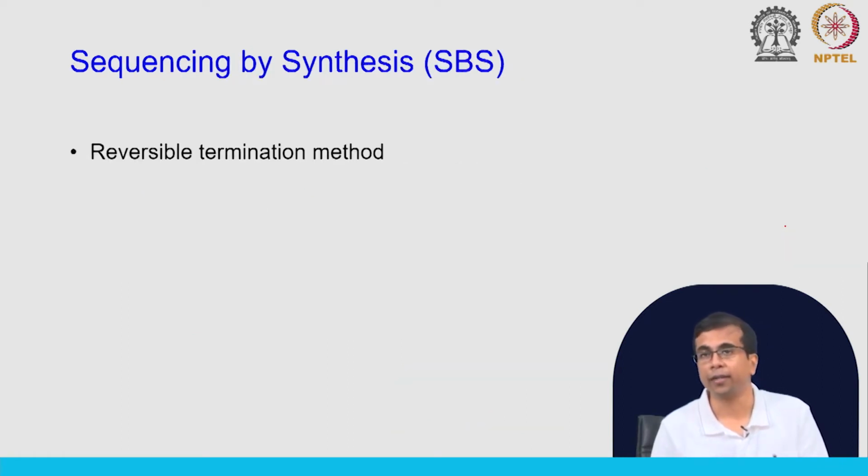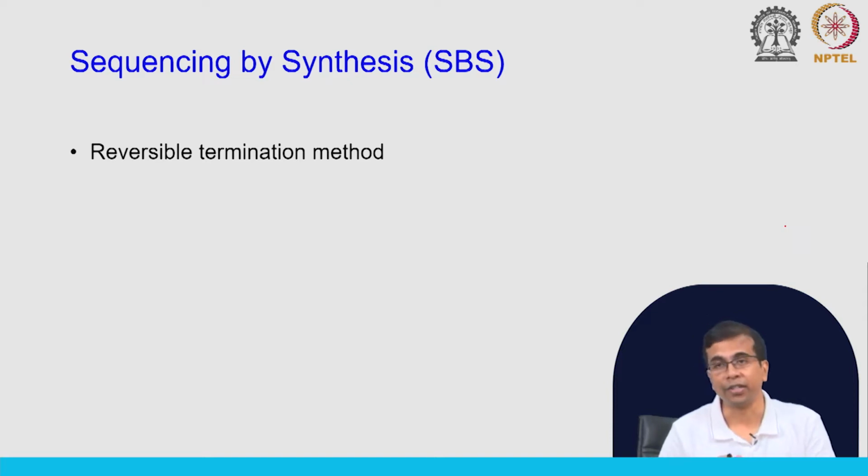Here the sequencing step again is a sequencing by synthesis method, or SBS, which means we need to synthesize the complementary strand using DNA polymerase and dNTPs. Again, the dNTPs used in this process are not normal dNTPs; these are modified dNTPs, in such a way that it allows for reversible termination.